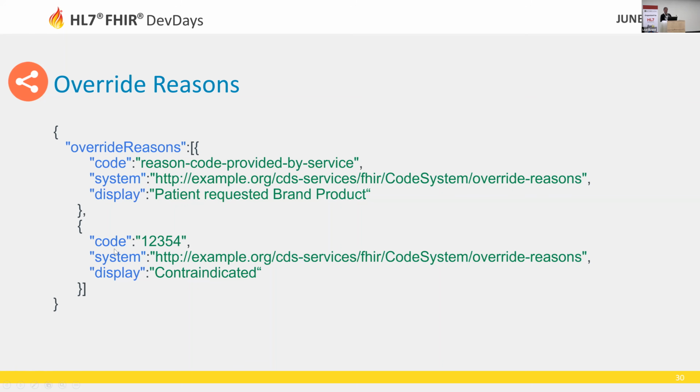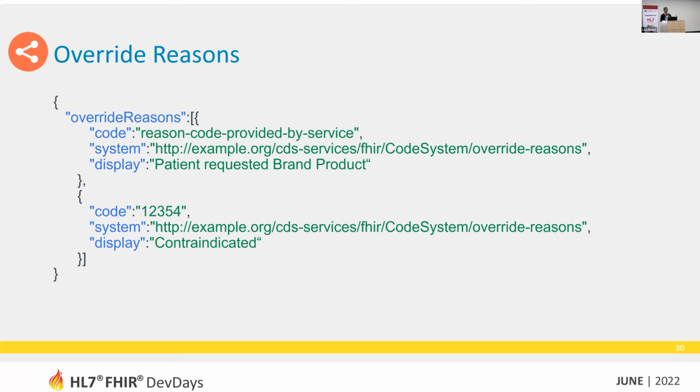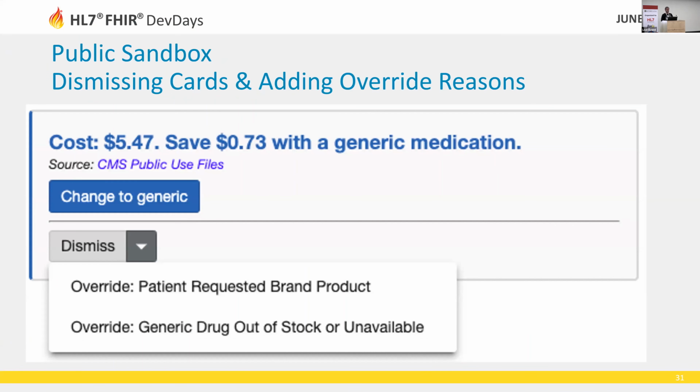But you effectively define codes for the override reasons and return those as part of your response as a service. Then the EHR can display those. For example, in the public sandbox, if the service returns those overrides, then it will display this dismiss dropdown with those override reasons available.